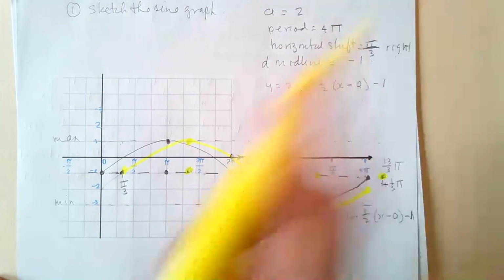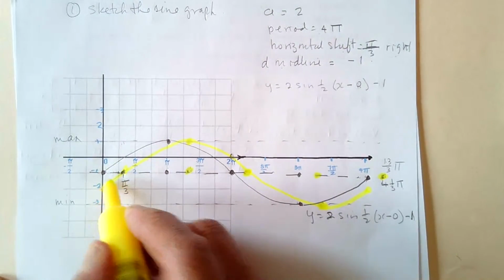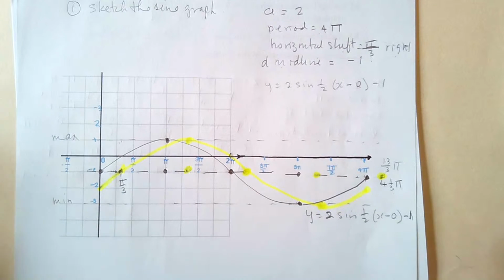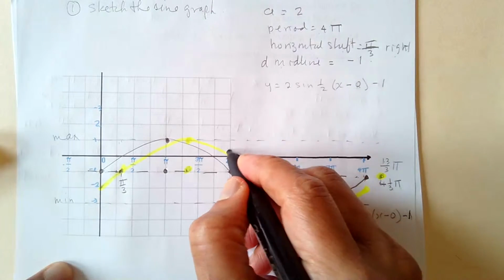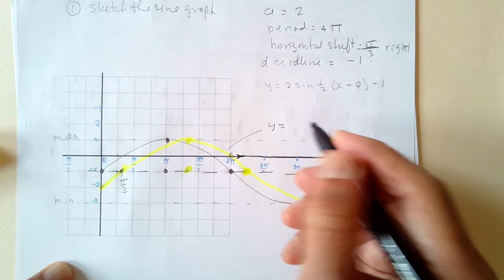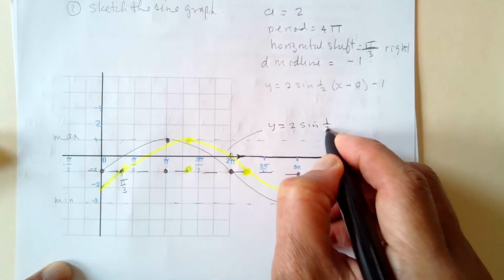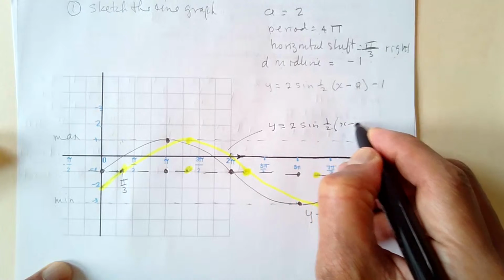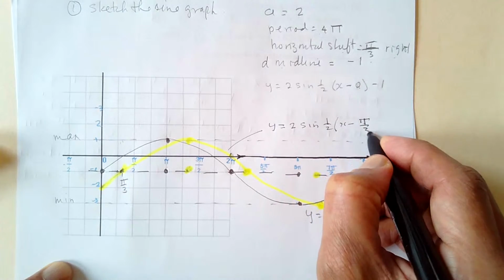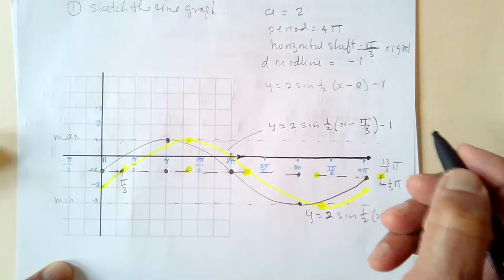So now if I were to extend this graph here, that's your graph, y is equal to 2 sine half x minus pi over 3 minus 1.